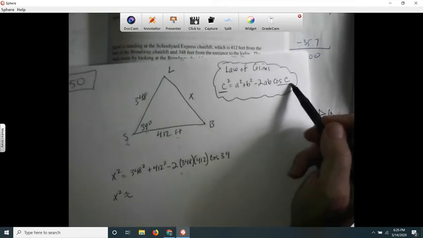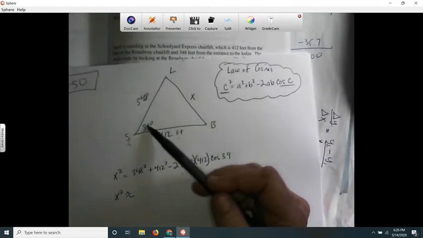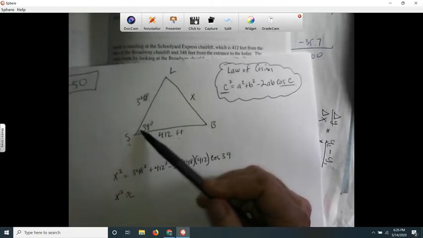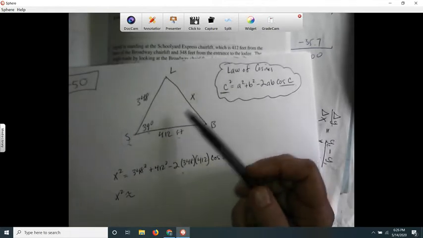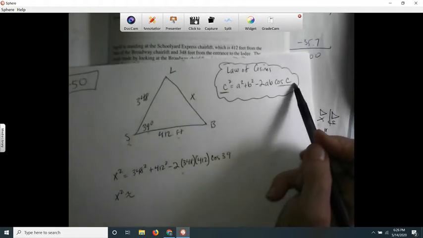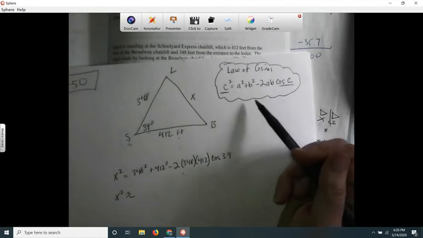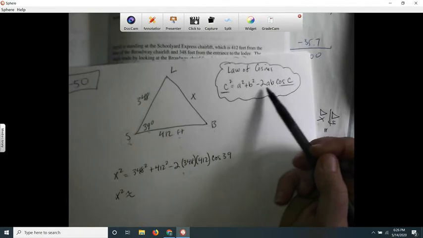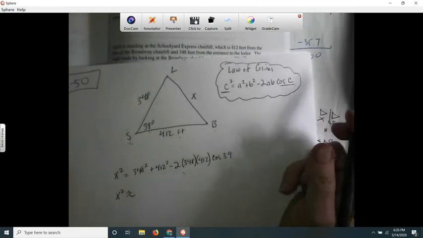I need to use C for this vertex, and if cosine of C is this vertex, then side C is this one. So I put X in for C and 39 in for cosine C. For the other two values, it doesn't matter which is A and which is B, because I'm just squaring, adding and multiplying, and those are commutative.